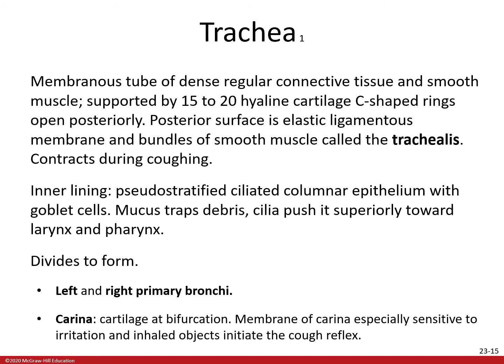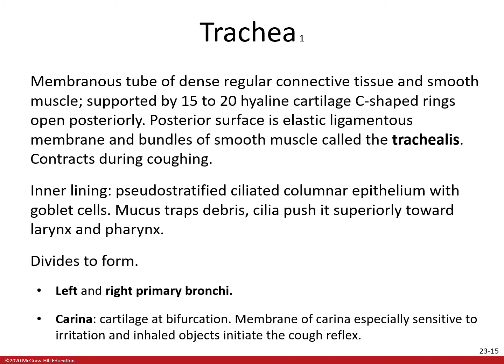Moving on to the trachea. So the trachea is what you can think of as your windpipe. It is a membranous tube of dense regular connective tissue and smooth muscle. It is supported by 15 to 20 hyaline cartilage C-shaped rings that are open on the posterior side.